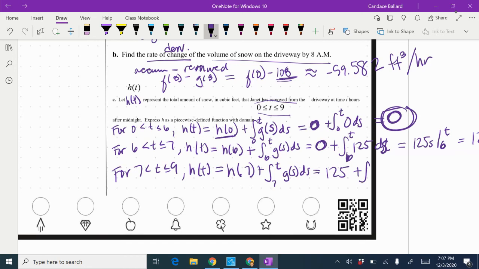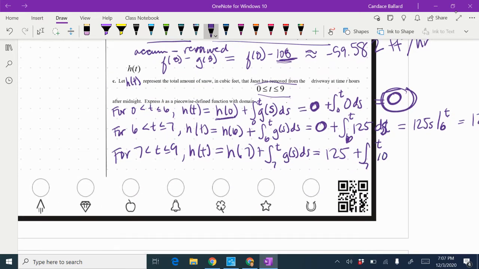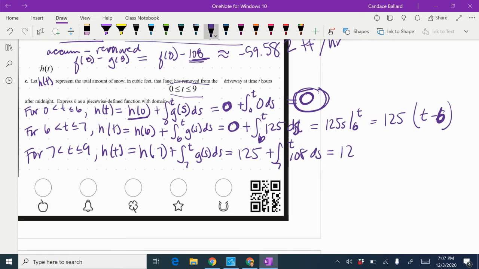Plus the integral from 7 to T of the next piece down, 108 ds. So this ends up equaling 125 plus 108s from 7 to T. So it's 125 plus 108 times T minus 7.